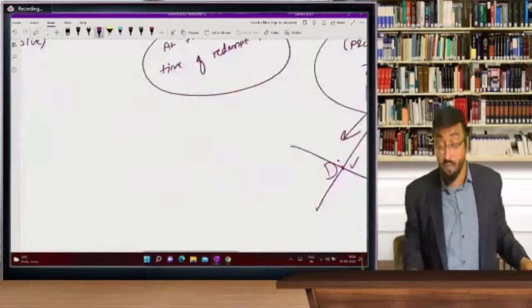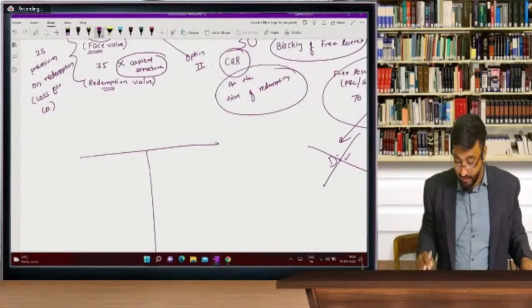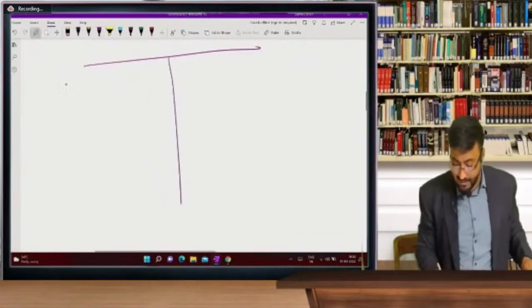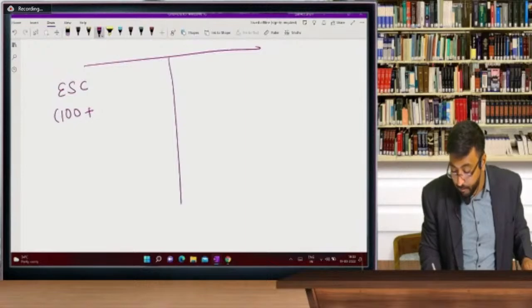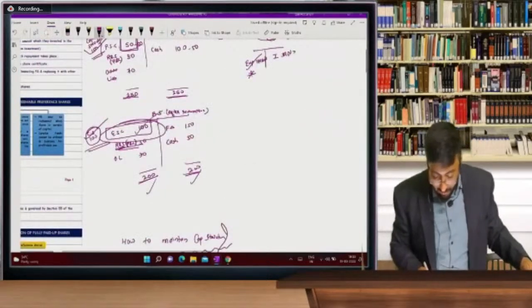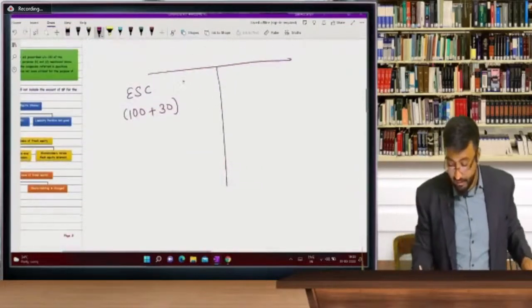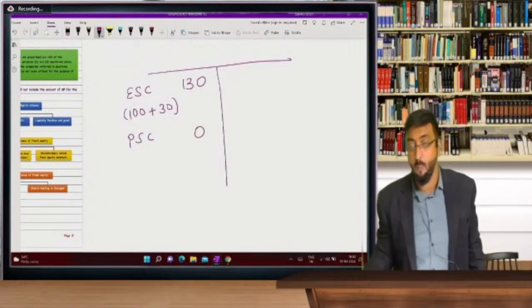What is option number 3? Option number 3 is a combination. See beta, suppose in the same example I raise share capital by 30 rupees, so 100 plus 30, 130. Preference share capital will be 0.